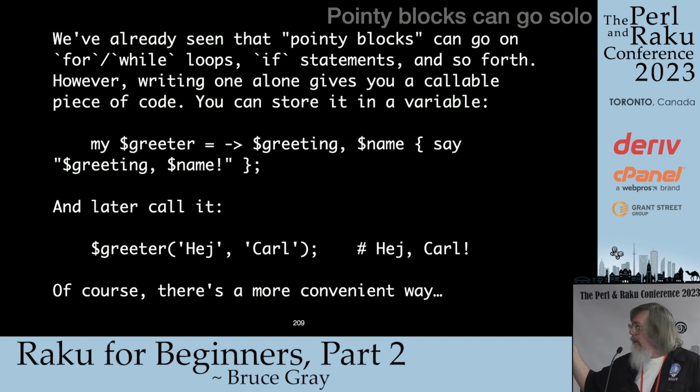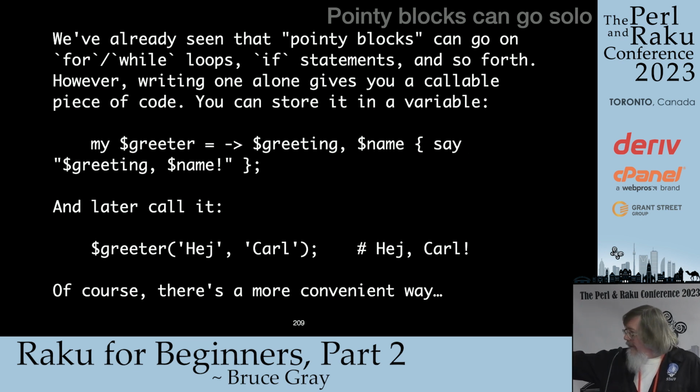So we've already seen pointy blocks go with for, while, and if. But if you just have a pointy block without any of that, you don't say while, you don't say for, you just start with the pointy. You're also creating a callable. That's freaky when you first look at it.